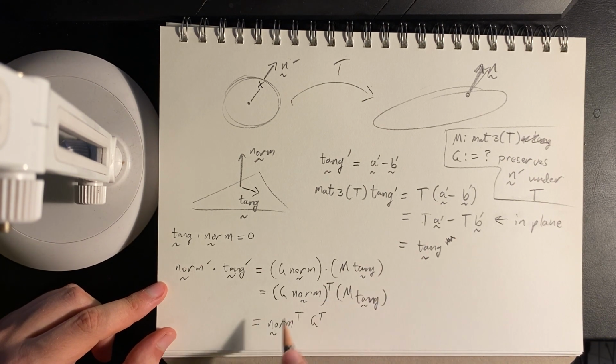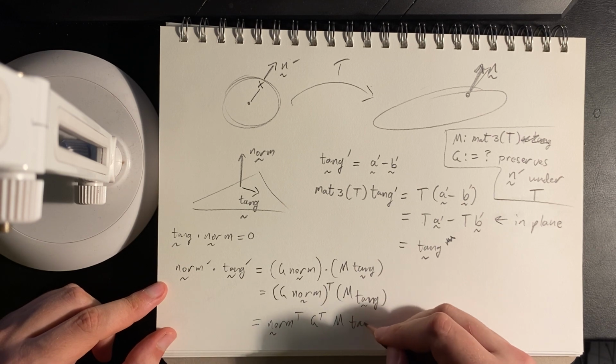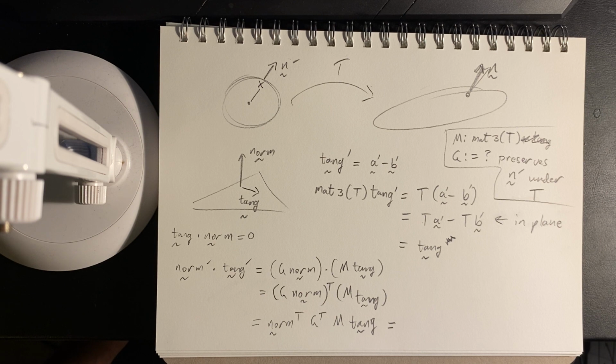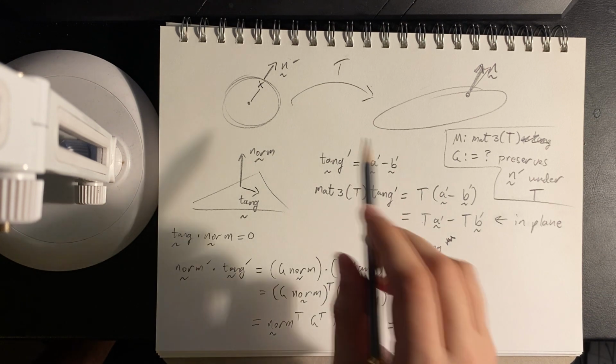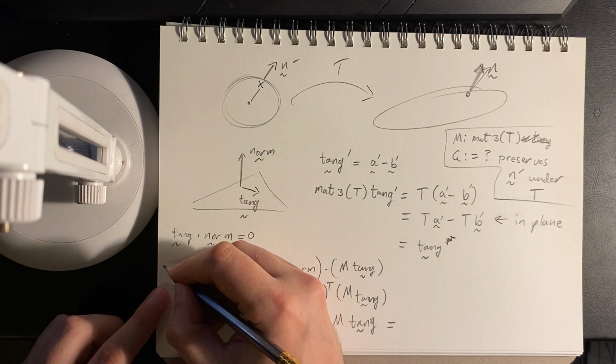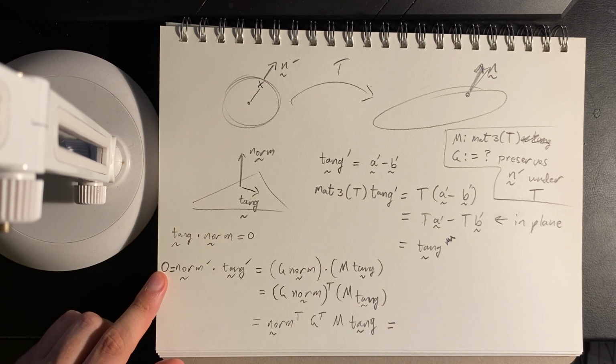So instead of G norm, it's norm G. Okay, so now what we have is that if the normal and the tangent are both preserved, as in the normal is always perpendicular to the plane, the tangent is always parallel to the plane, then this dot product will be 0.